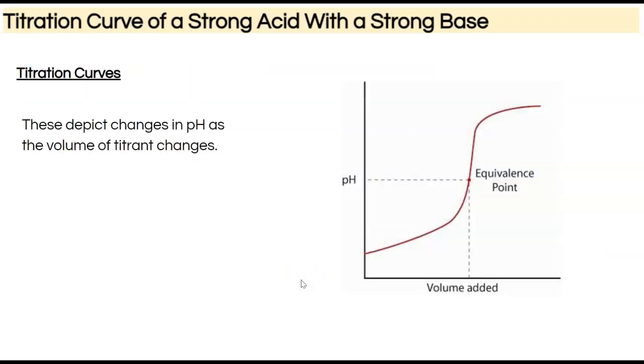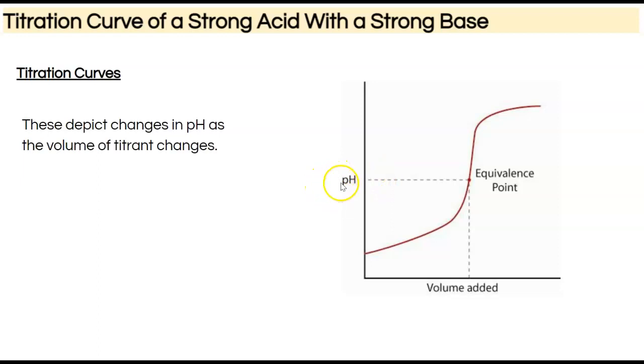Okay, so the main point of our discussion today is to help you understand what a titration curve is and how to construct one, how to perform calculations in order to construct them. Typically in an acid-base titration we'll have pH as our dependent variable.